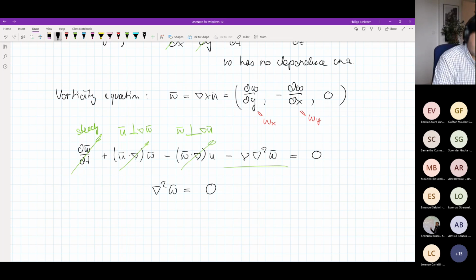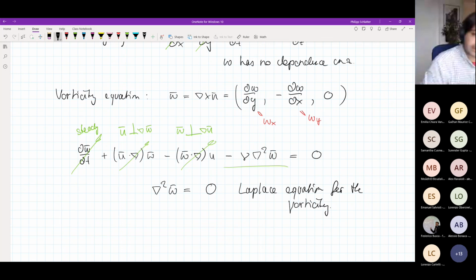So this here is the equation that I need to solve. And once I have solved this, then I have solved the problem essentially. So we have a Laplace equation for the vorticity. So the vorticity needs to fulfill Laplace being 0.